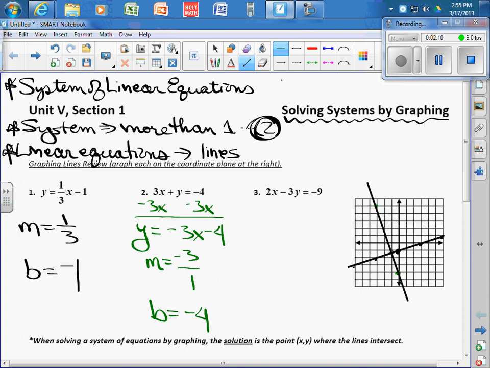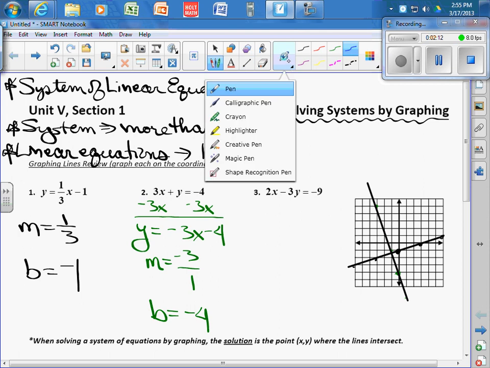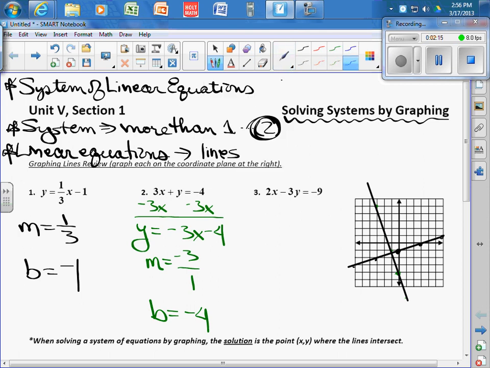And then in the last example, 2x minus 3y is equal to -9. I'm going to solve for y, again, by subtracting the 2x from both sides. Now remember, that leaves you with -3y is equal to -2x minus 9.